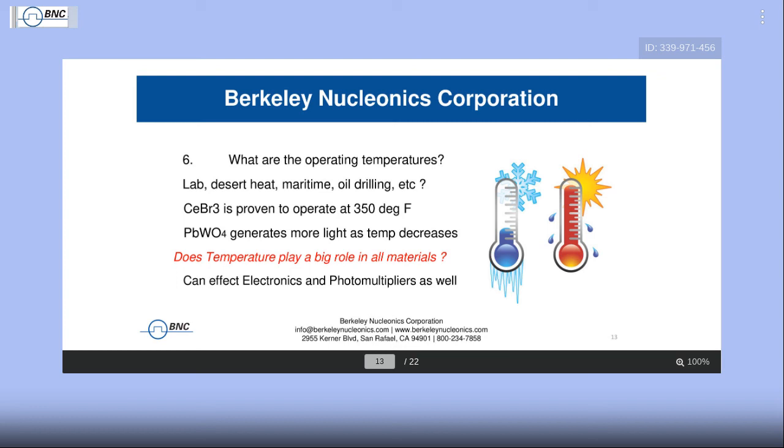The electronics and the photomultipliers are also affected. So this is not just a matter of the scintillators themselves and how they will respond, but if you're looking at a complete system solution, it's going to include probably a photomultiplier tube or a silicon photomultiplier, a SiPM. What type of electronics, voltage dividers? Do you want preamplifiers?